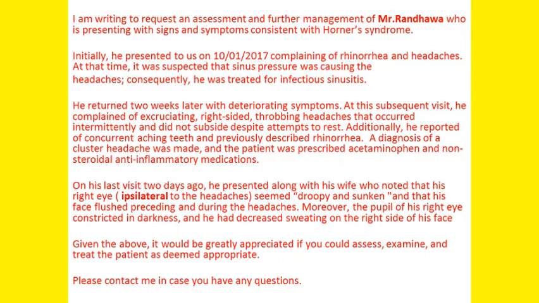So we need to mention these factors in our purpose, saying that I am writing this letter for this particular person who might be suffering from Horner syndrome, and the ophthalmologist has to do the further evaluation and management for that patient.